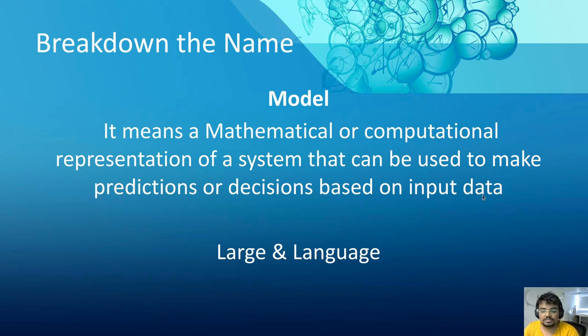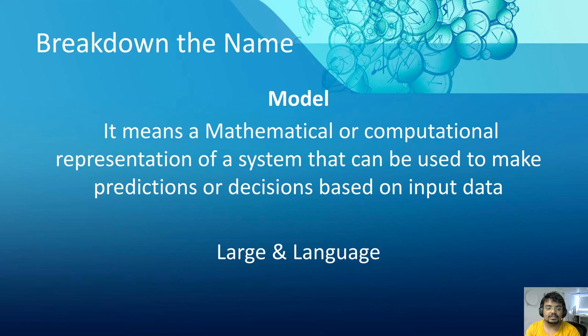Now, what are large and language? What we normally call large is humongous. Large means the size is big, in terms of the system, like the number of weights and the size of the model, and large also means humongous data.